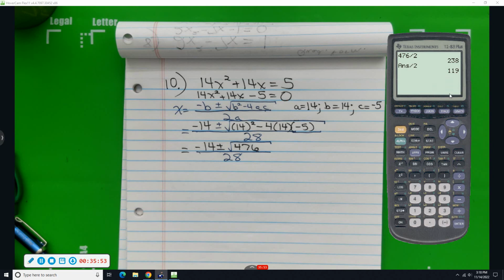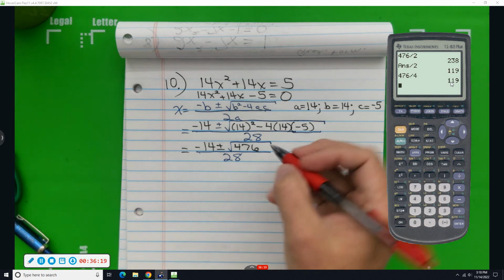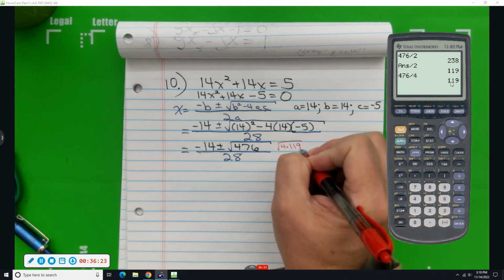Let's see, 476 divided by 4. I think it's going to be 4 times 119. So I'm thinking of 476 as 4 times 119.